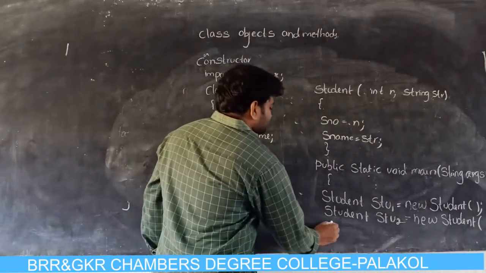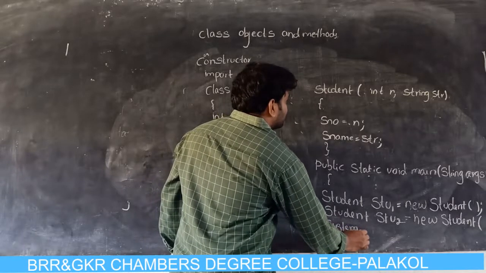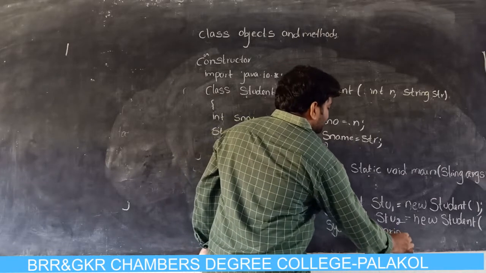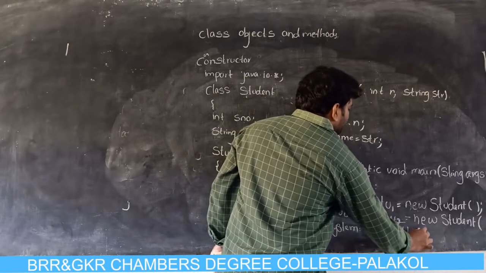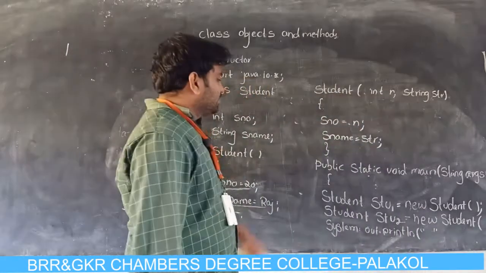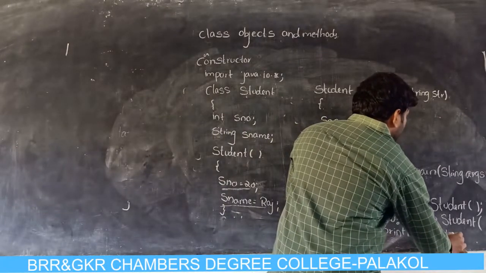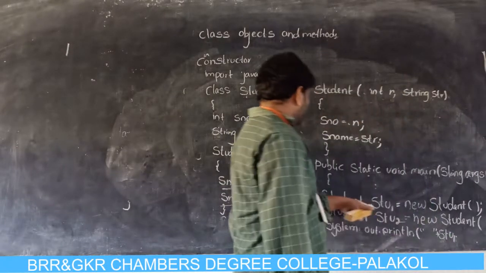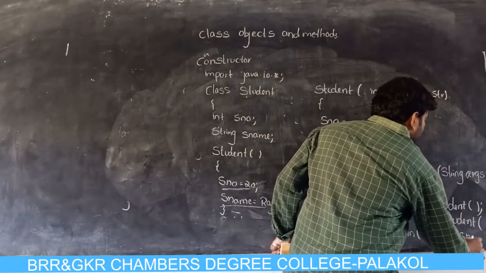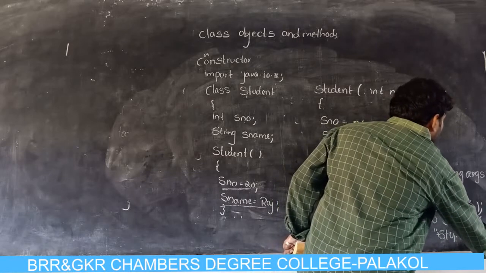Next, System.out.println: you write stu1 dot s number plus stu1 dot s name.